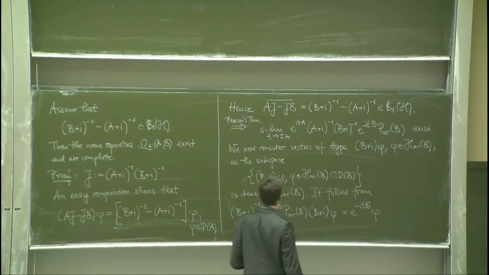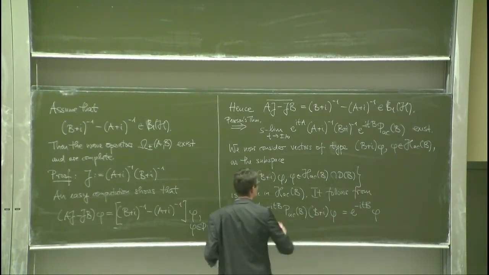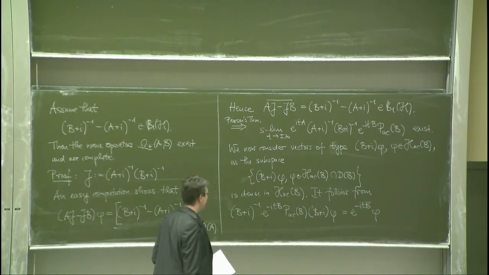Because phi is in the H_ac space, the projection then becomes the identity.